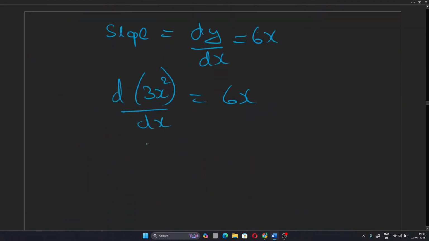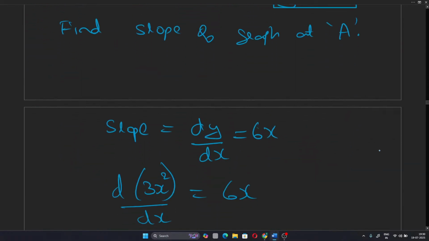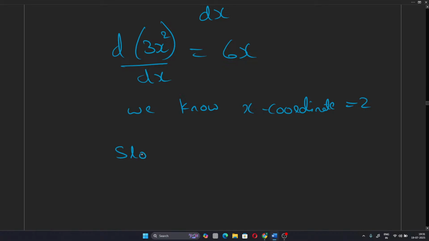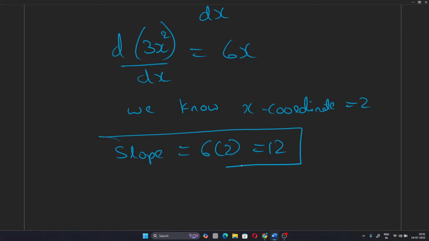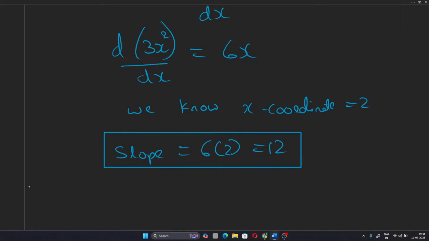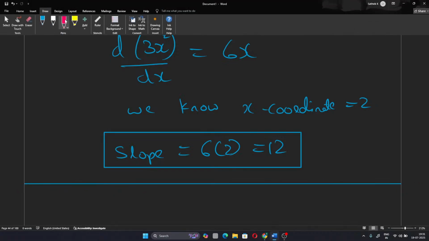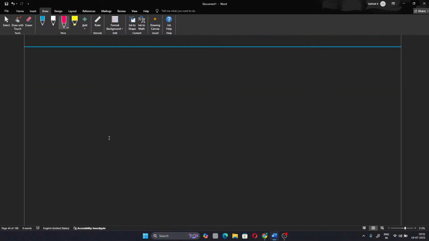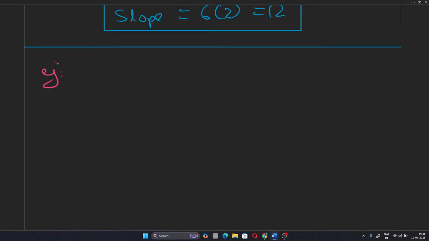Then we know the x coordinate equals 2 in the line they showed here. So slope equals 6 times 2, which equals 12. Let's go to the next question.